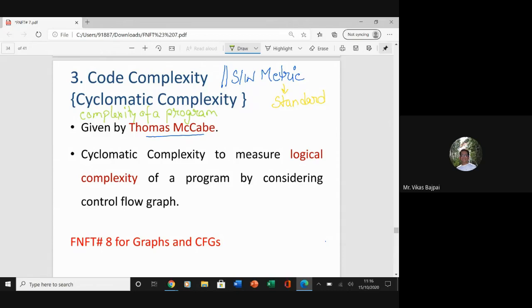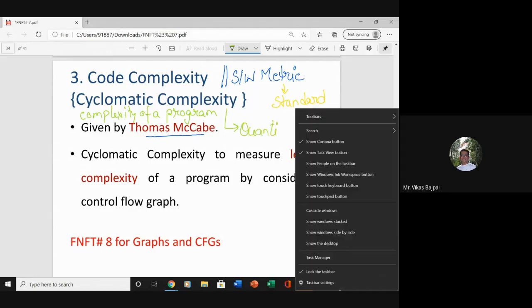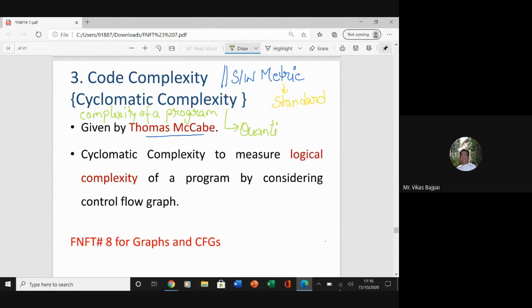And this is nothing but a quantitative measure, measuring the linear independent paths through a program's source code.